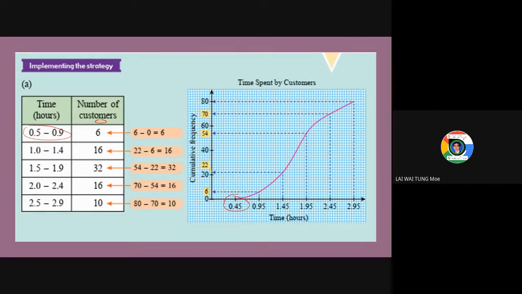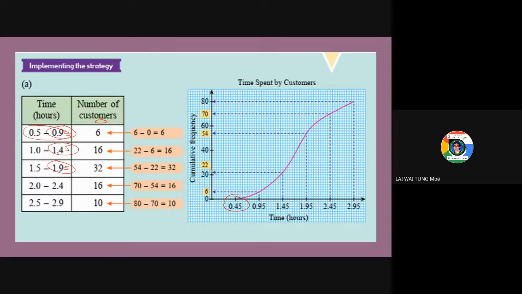I will write it down. You see this one is 0.05 here. Remember, if I ask you to find the upper boundary for a class interval, let's say for 0.9, you just add 5 behind this number and you get the upper boundary. So now you need to do the opposite.